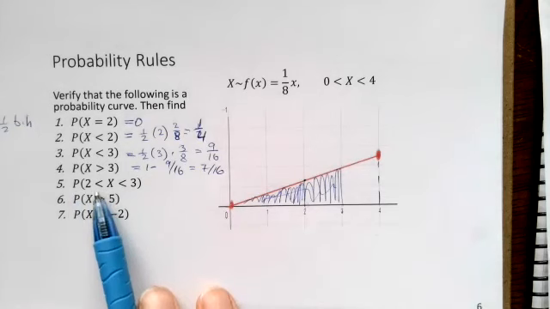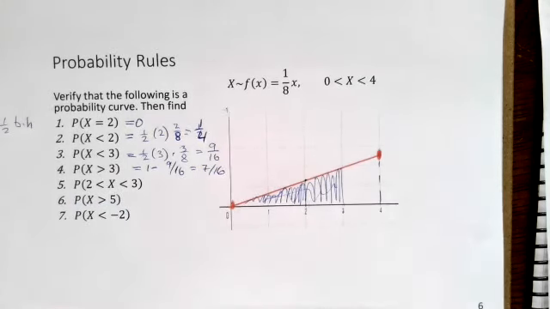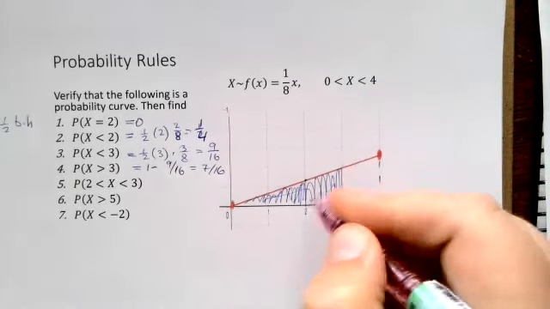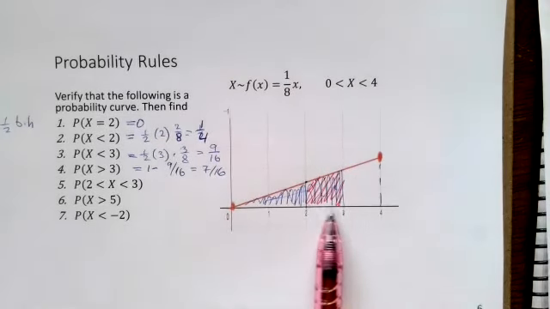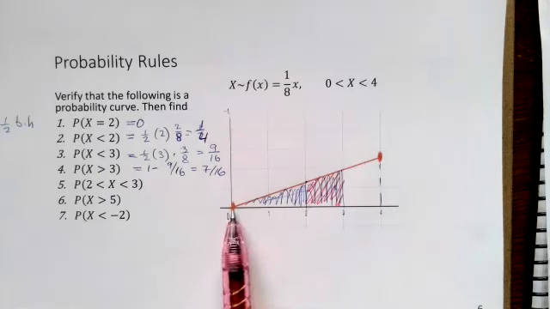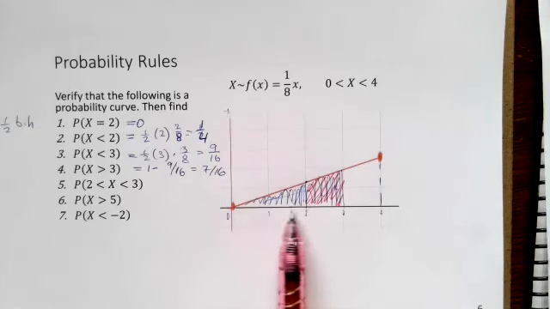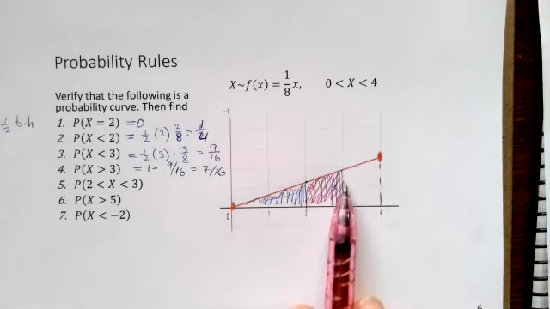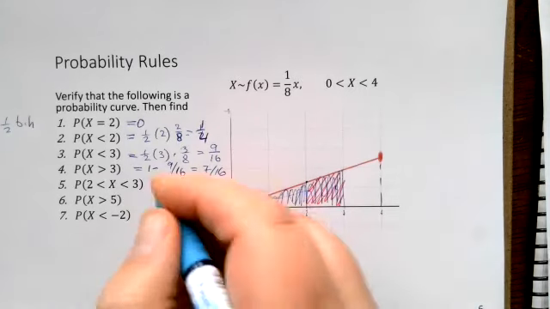Okay, so now what is the probability that x is between 2 and 3? So that would be this area right here. We do know the entire piece from 0 to 3, and we also know this piece from 0 to 2. So we are going to take the bigger area and subtract the smaller piece from it in order to get the piece in pink.